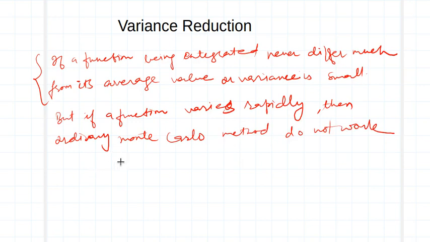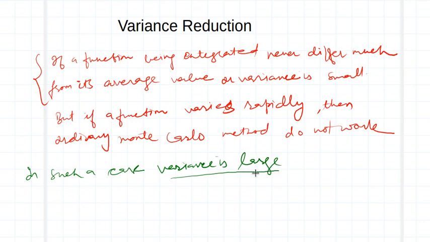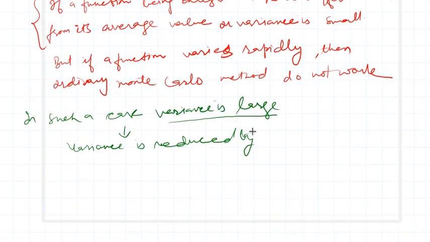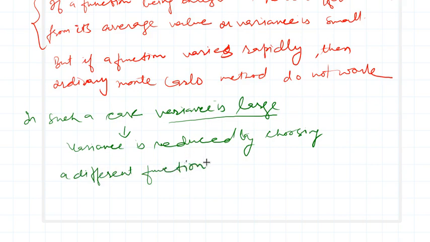So in such a case, variance is large, then variance is reduced by choosing a different function, a different function which is a flatter function.